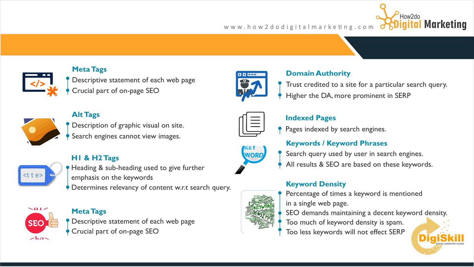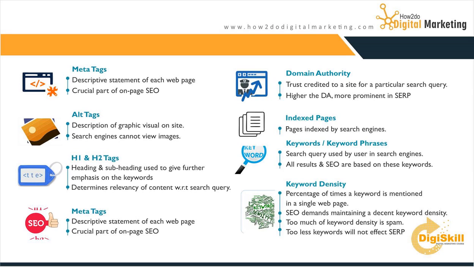Your page might say flight tickets to London as the title tag. A meta tag could be a longer descriptor, about 160 characters, which says you can buy cheap flight tickets to London across multiple airlines. So it is a descriptive statement of what the title tag says.